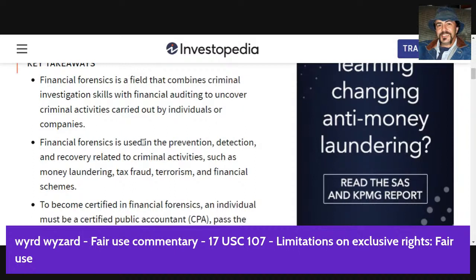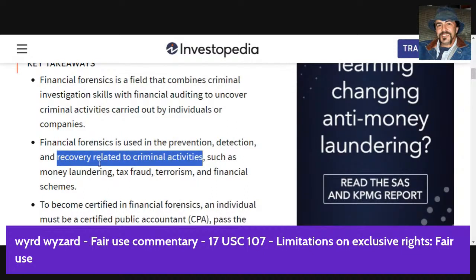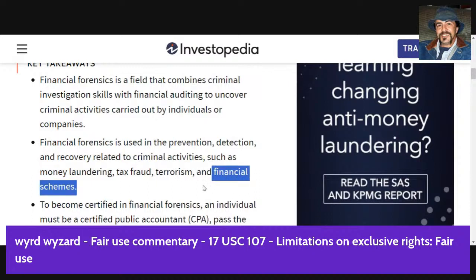So, financial forensics is used in the prevention, detection, and recovery related to criminal activities, such as money laundering, tax fraud, terrorism, and financial schemes. And like I said, I've never once given anything but the legal name.